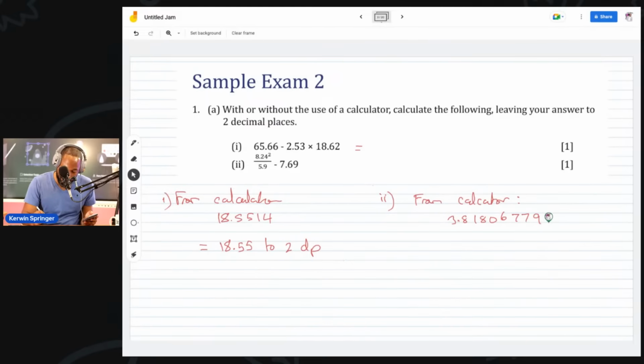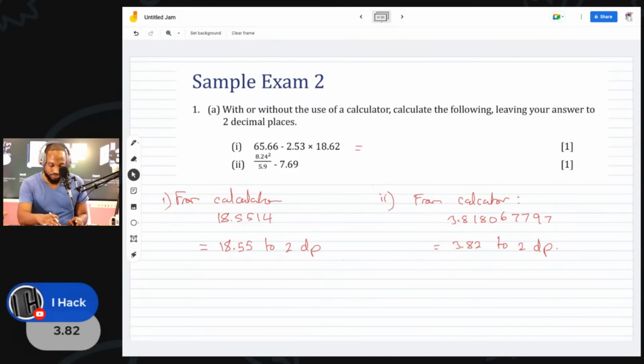To 2 decimal places, it's 3.81. Hey, no, it's actually 3.82. Now, why is it 3.82? Easy thing. That digit is greater than 5, so you have to come here and give it a boost. 2 decimal places. So easy stuff.